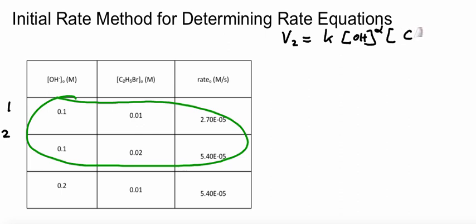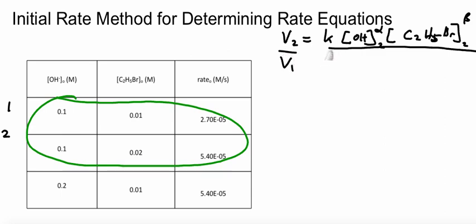And then we've got the concentration of the ethyl bromide to the beta. So at this point, we don't yet know what alpha and beta are. And the initial concentrations we're going to say are for this second trial. You can always divide an equation by an equation. So we'll divide by the first trial.